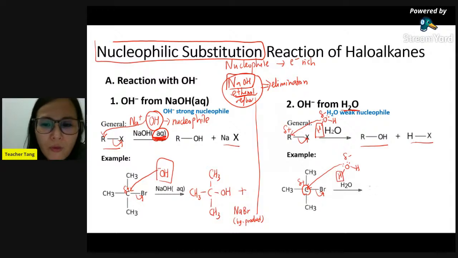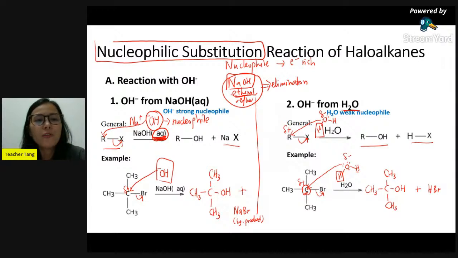Therefore your product is the alcohol. Can you see the oxygen is attached to this carbon, and this oxygen still has a hydrogen? So you get the alcohol, and the byproduct is HBr.